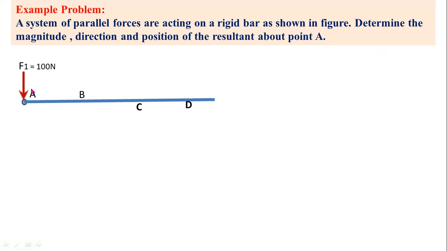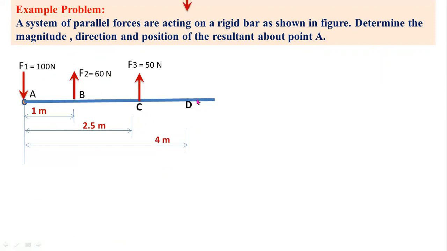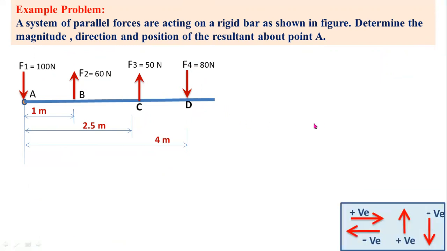Here a 100 newton force acts at point A. Here this is point B. F2 is the force acting at point B. F2 equals 60 newtons, and F3 equals 50 newtons at a distance of 2.5 meters from point A. F4 equals 80 newtons acting at a distance of 4 meters from point A. So this is the given diagram.